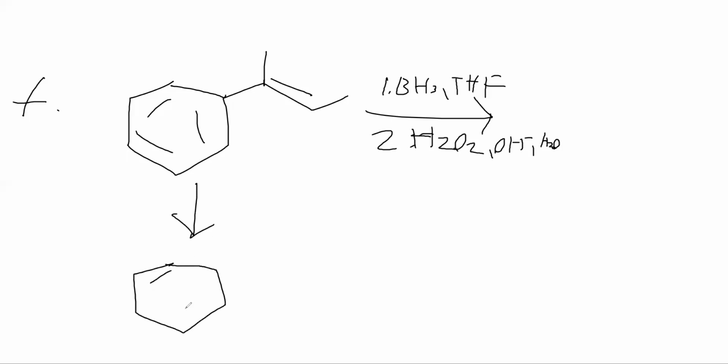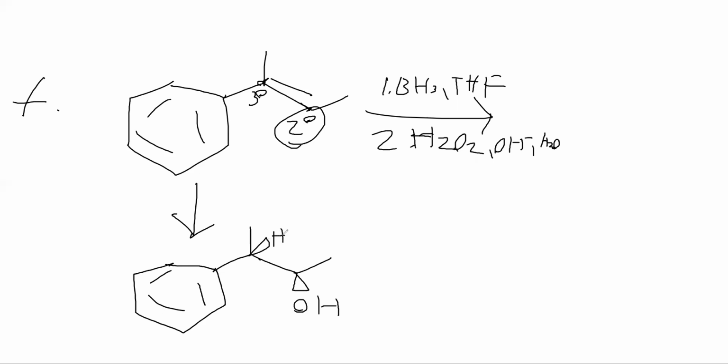So alcohol gets attached to the anti-Markovnikov position, which, if we look at these two, this is tertiary, this is secondary, so it's going to get added here. And it's going to be cis to the hydrogen that gets added. So they're both going to be wedges or both dashes. It doesn't matter, they just have to be the same. So that's that.